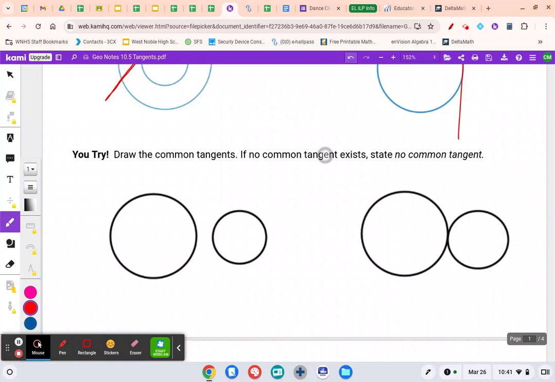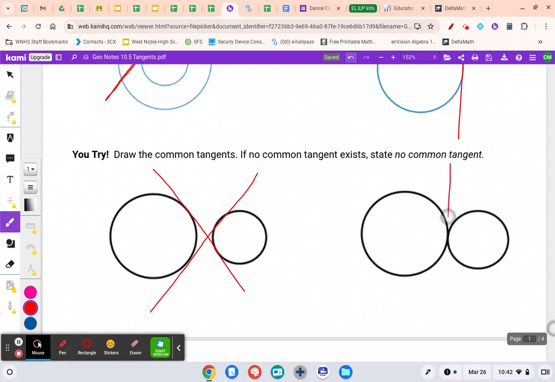Okay, hopefully somebody paused. You have a couple options on this next one. You can have a common tangent here or a common tangent here. Draw them better than me. You only want it to cross in one point. You also have a couple options for the next one.